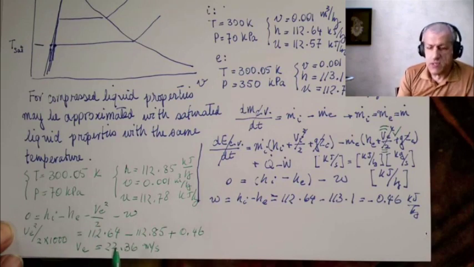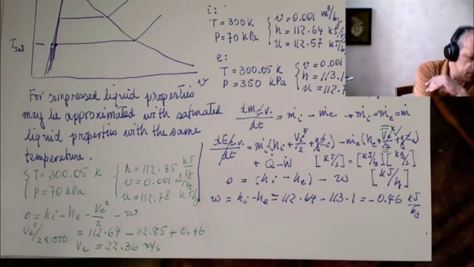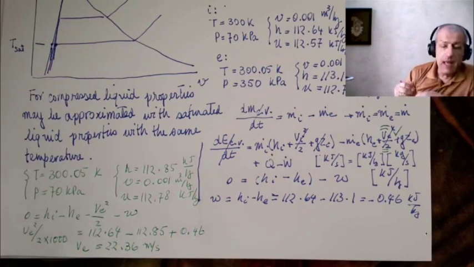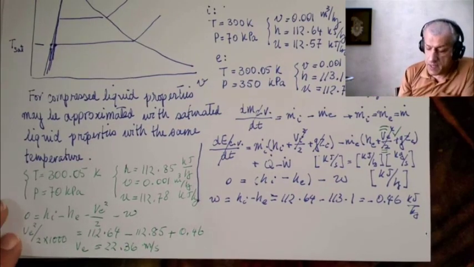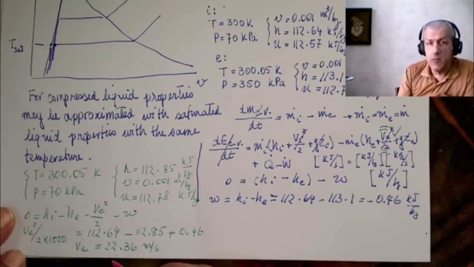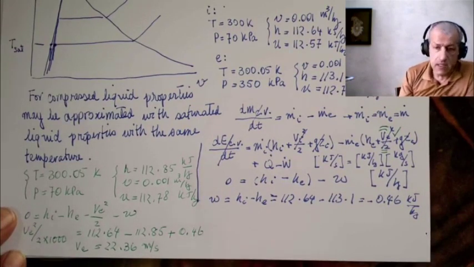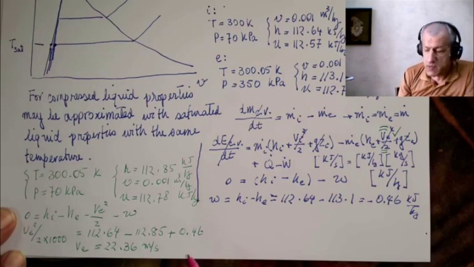Now the third question, which is as interesting, is how much elevation did we get? If we didn't want velocity, what if we wanted to pump water to a higher tank? How much elevation do we get?